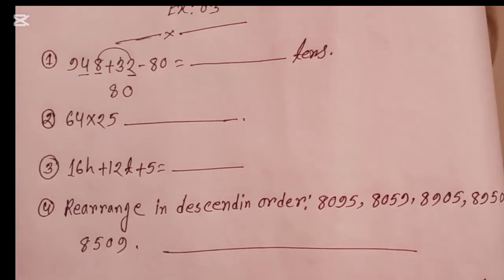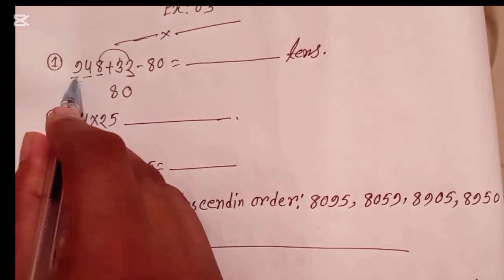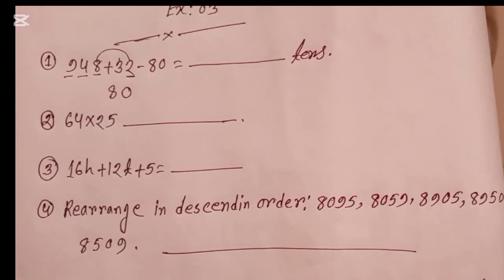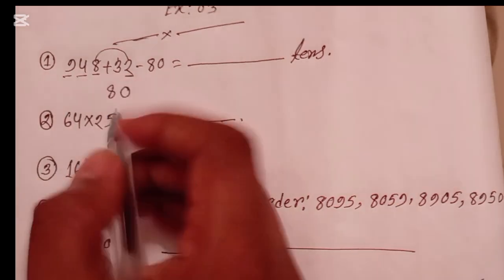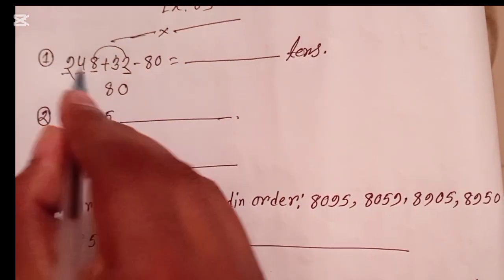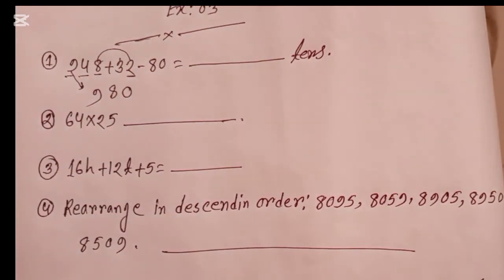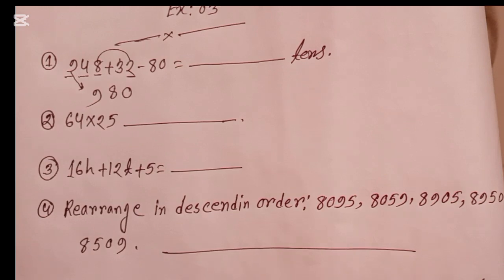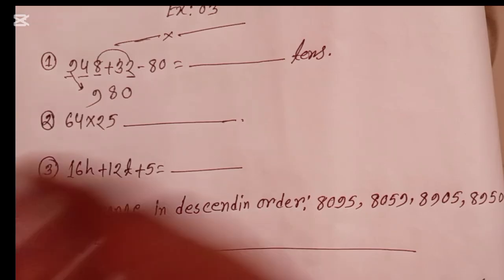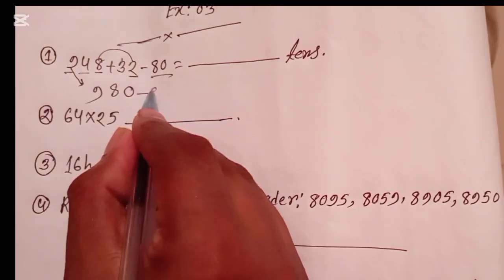And after that, there is another number, 9. We don't have any carry, so here will be 9. So 948 plus 32 is equal to 980, and here is minus 80.